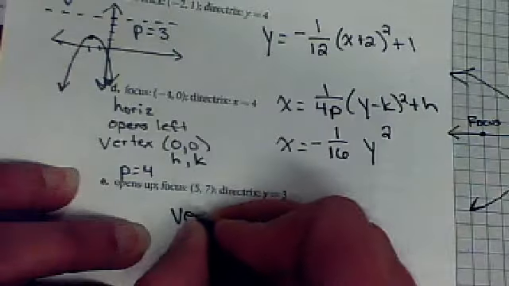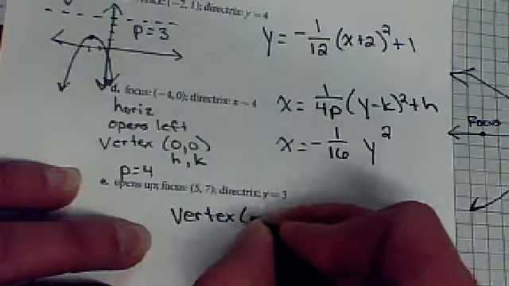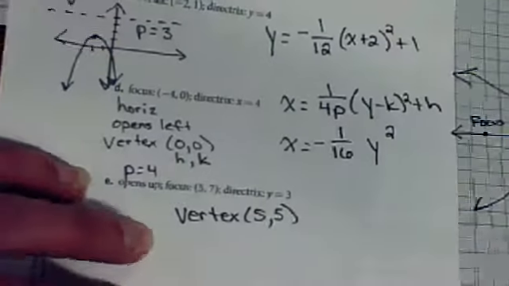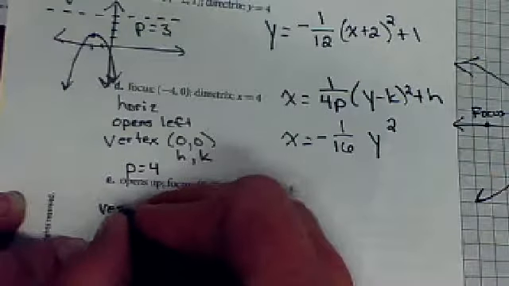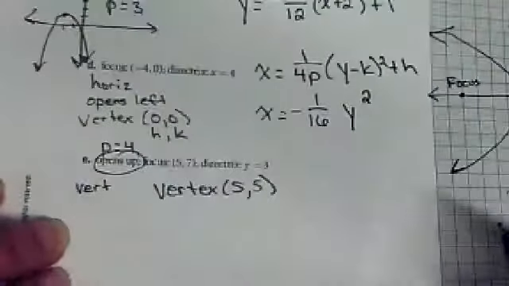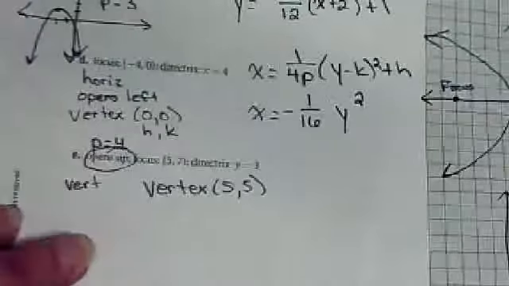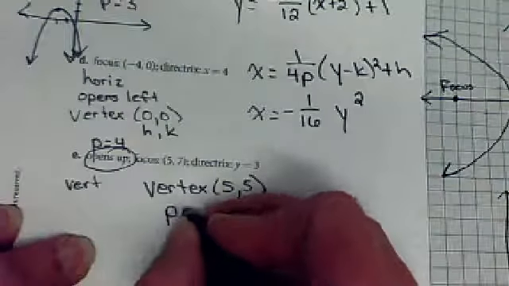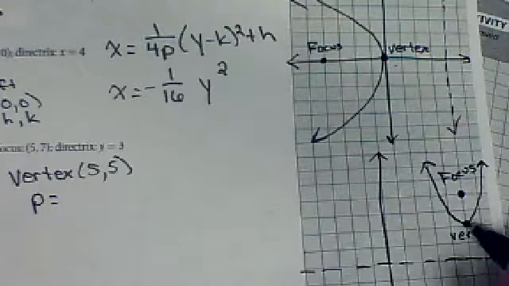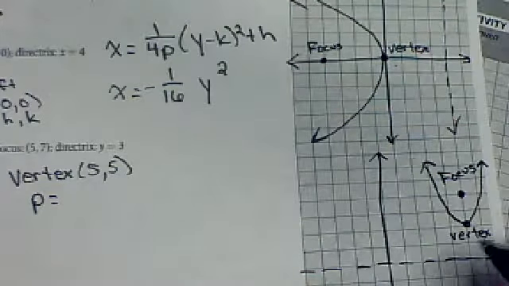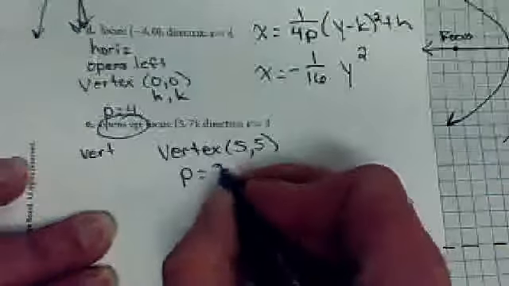So (5, 5). Okay, so my vertex is (5, 5). This was a vertical parabola that opens up. Last thing we need is the p-value. How far is the distance from the vertex to the focus or the vertex to the directrix? Well, that's 2 steps.